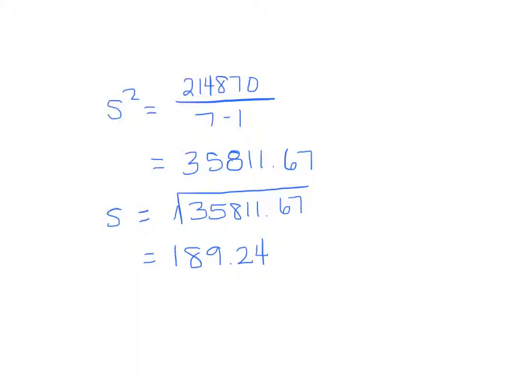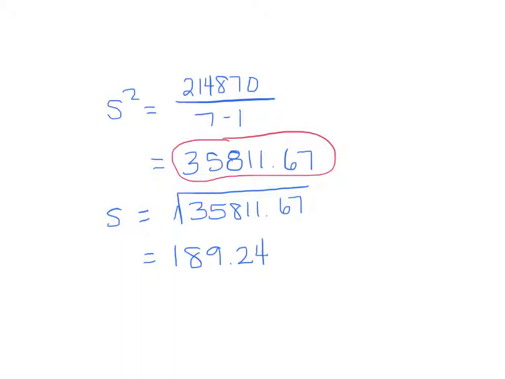So, if we take that sum and divide it by n minus 1, we get a variance here of 35,811.67. I've rounded it to 2 decimal places. It actually comes out to be a repeating decimal.